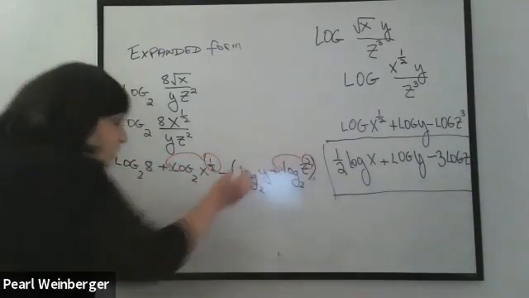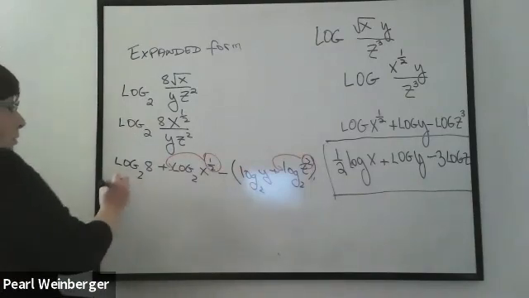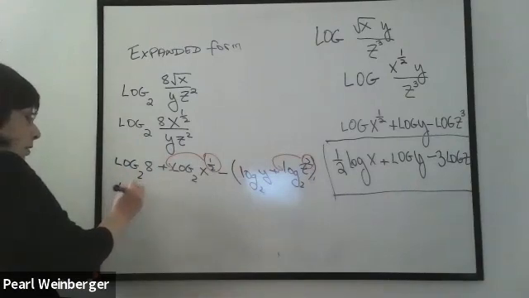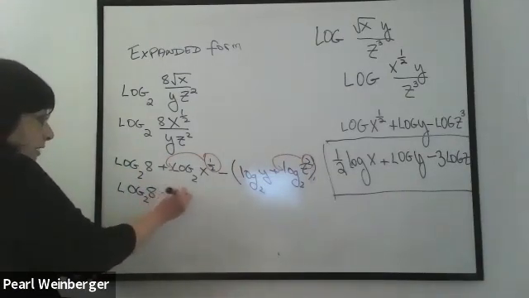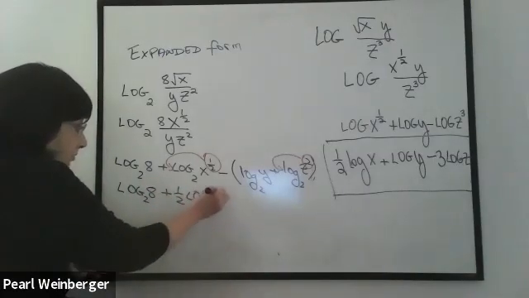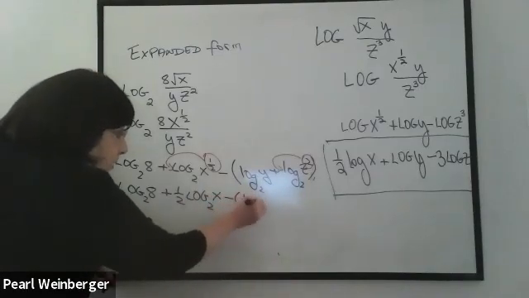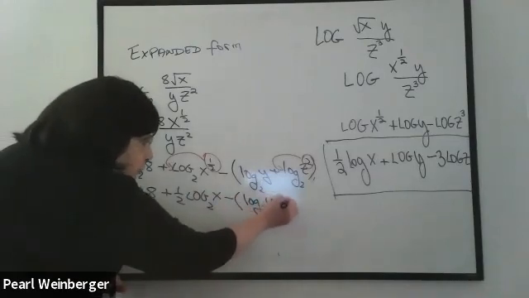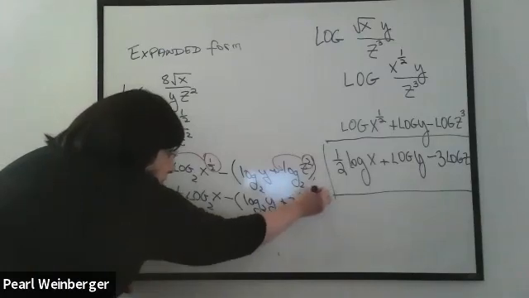So this becomes log base 2 of 8 plus 1/2 log base 2 of x minus parentheses log base 2 of y plus 2 log base 2 of z.